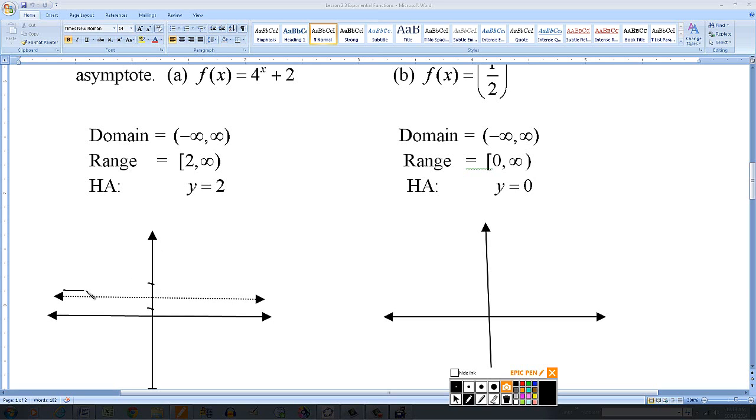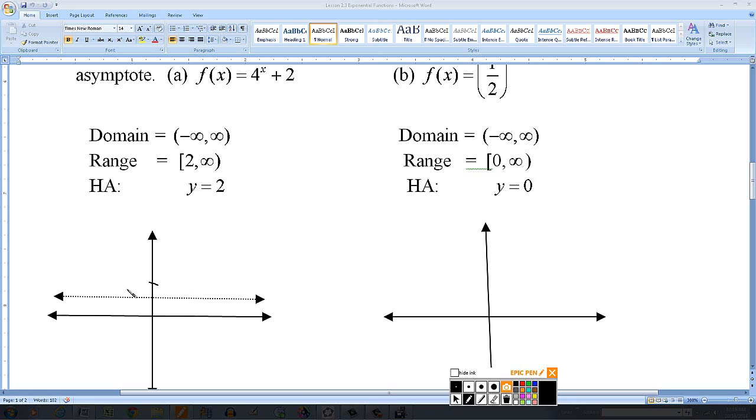So it's going to go this way, pass through that point, and then it's going to go up. Okay, a little bit sloppy here, but let me try this again. So this is the point 0, 3.